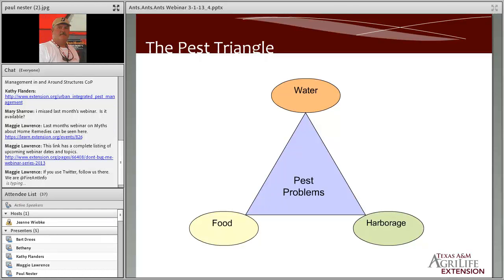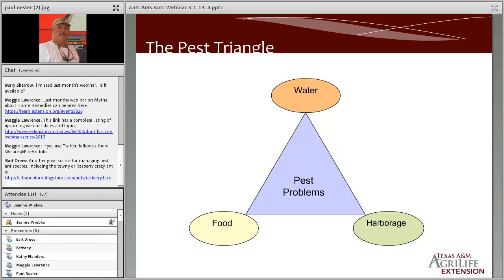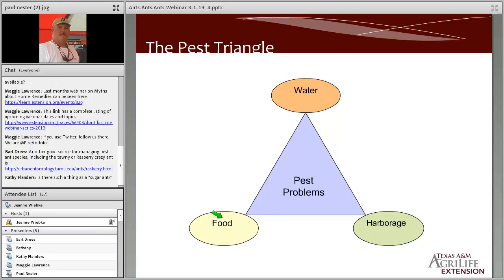I would much rather have 85 to 90% control of 1,000 insects than 85 to 95% control of 100,000 insects. If I can alter the habitat by altering the food availability, removing the moisture source, or somehow affecting the place they live, the harborage, I can go a long way in reducing the pest population. So if I do have to use a pesticide, the treatment will be much more efficacious.